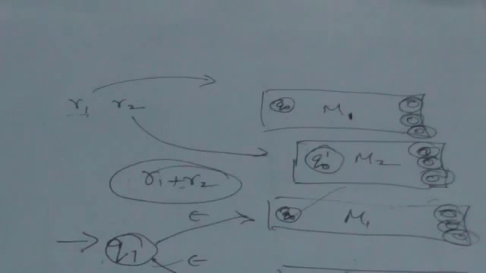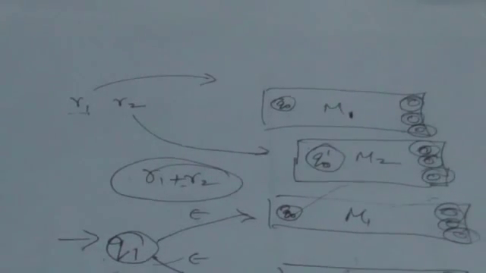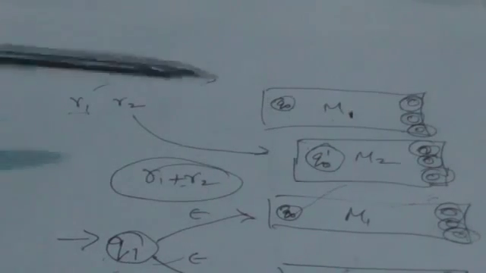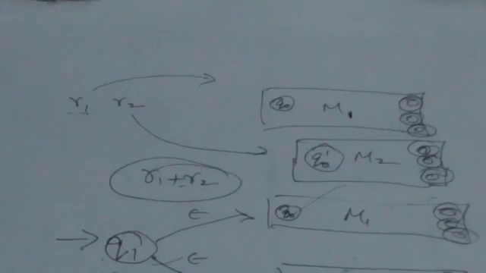So M1 will accept all strings which belong to the language represented by regular expression R1, and M2 will accept all strings which belong to the language represented by regular expression R2.